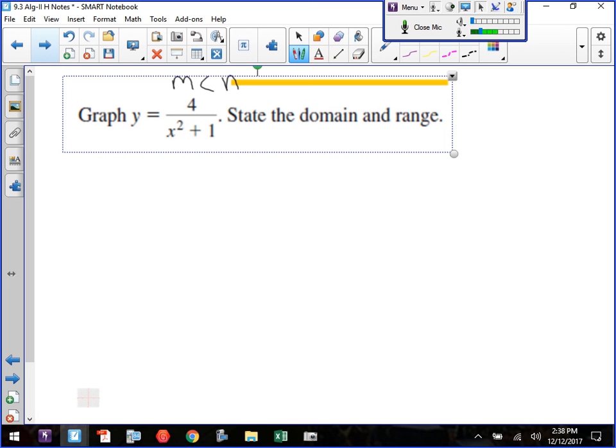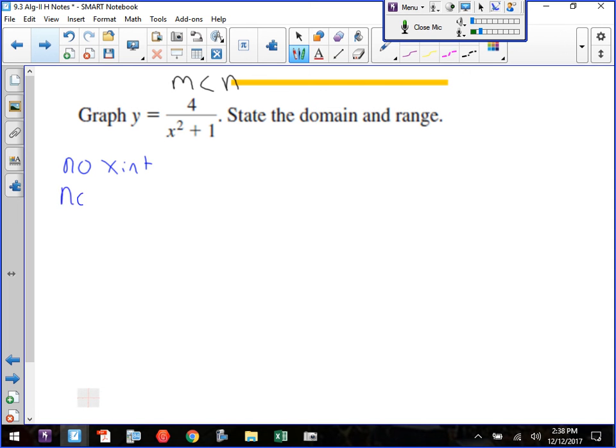What we do here is go through the process. Are there any x-intercepts? Are there any zeros of the numerator? No. So there's no x-intercept. Is there a vertical asymptote? No. No vertical asymptote. Horizontal?